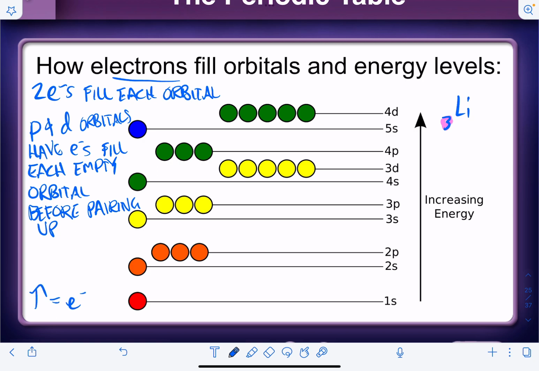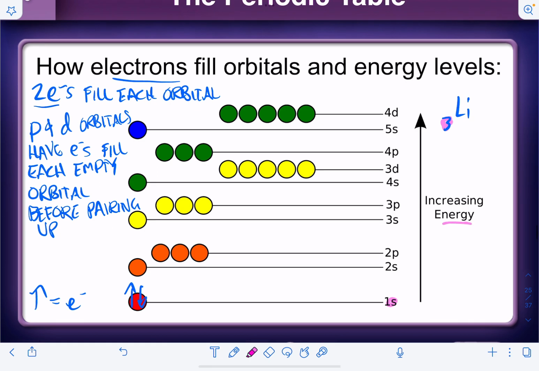Now, I said that 2 electrons fill each orbital, so I'm going to put 2 arrows in here, and I'm going to represent a down arrow as them pairing up with each other. Okay, so right now I have 2 electrons, and notice that they're filling in the lower energy level first before I add a 3rd arrow, which is in the 2nd energy level.